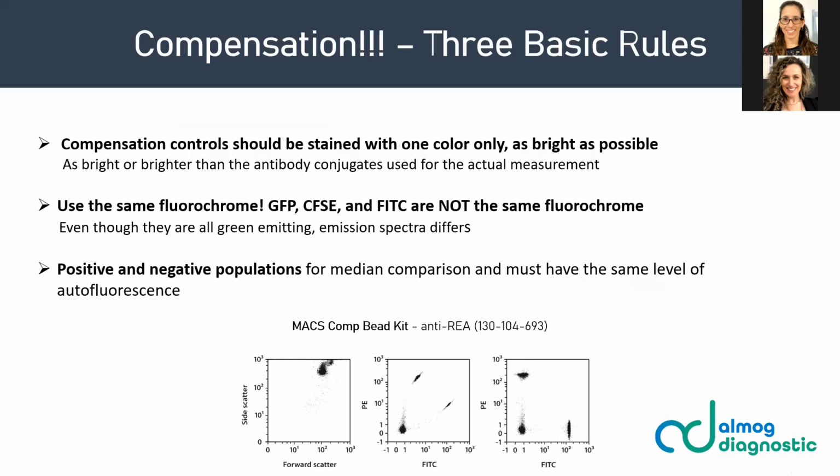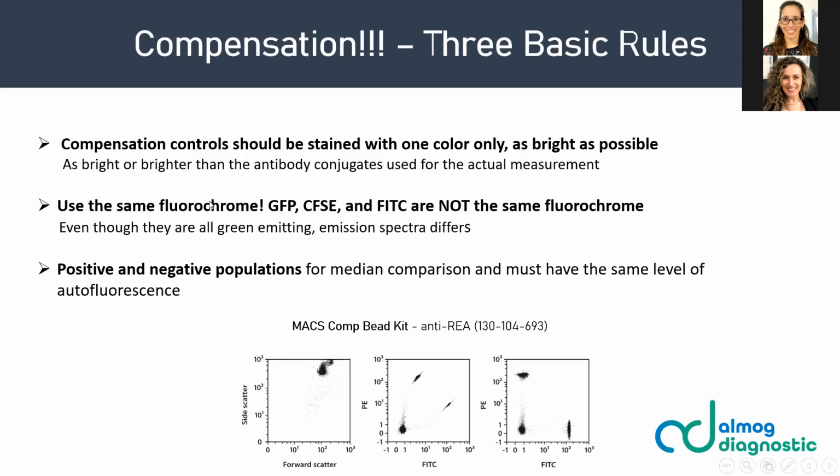These basic rules will actually assist us to get the most accurate data for the compensation. We need the compensation controls to be stained with one color only. We call it single stain, and they need to be as bright as possible, meaning as bright as your signal for your cells or brighter, but not less than that.